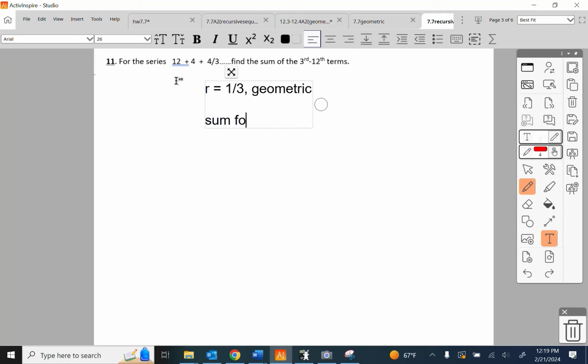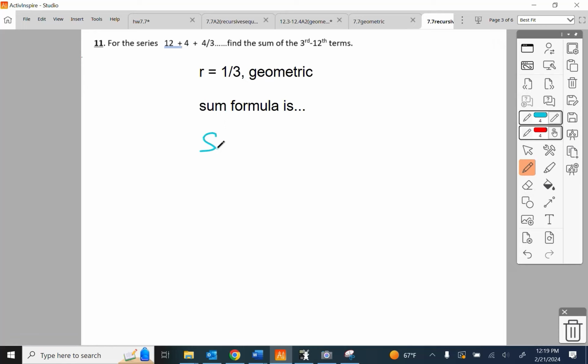And the sum formula is, if I can find a pencil, I'll write it out for you. Got to have the right one for the touch screen. There she is. The sum of n terms is a sub 1, and it changes, times 1 minus r to the n over 1 minus r.